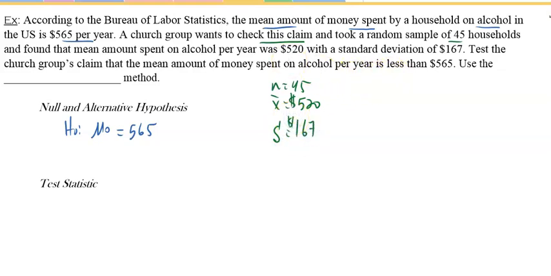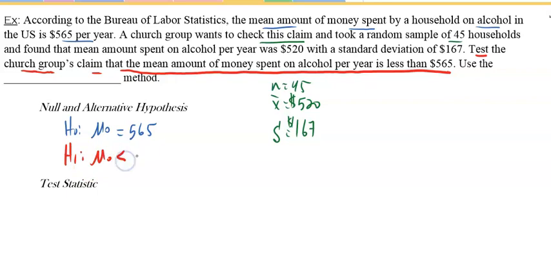Test the claim, and here it is, the key to the problem: test the church group's claim that the mean amount of money spent on alcohol per year is less than they specified. So the alternative is that it's less than 565. And there's the claim. So if I reject the null hypothesis, I support the claim. If I fail to reject the null hypothesis, that means I do not support the claim.